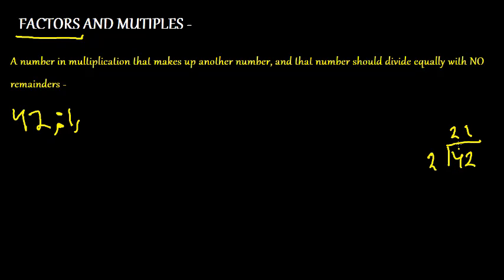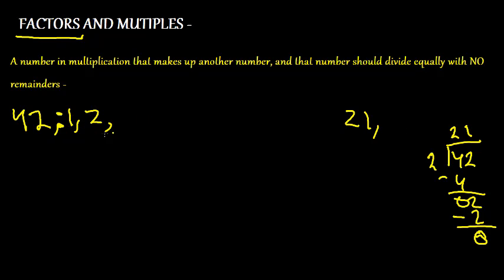And since we have no remainders, we get a whole number as our answer. That means that 2 is a factor of 42. And 21 would also be a factor of 42, because if we divided 42 by 21, we would get an answer of 2, which is also a whole number. So these two numbers would be factors of 42.